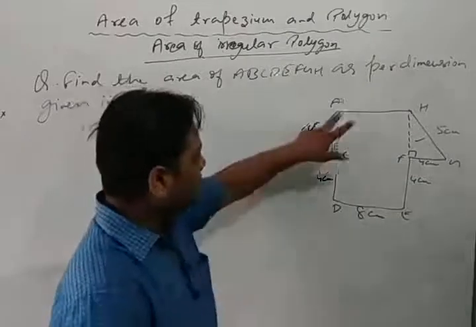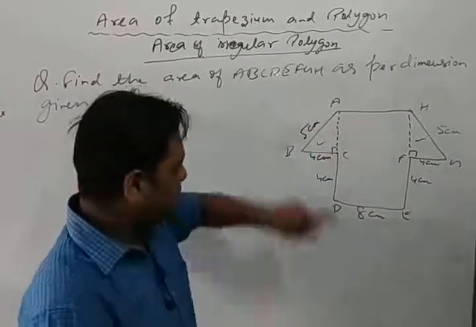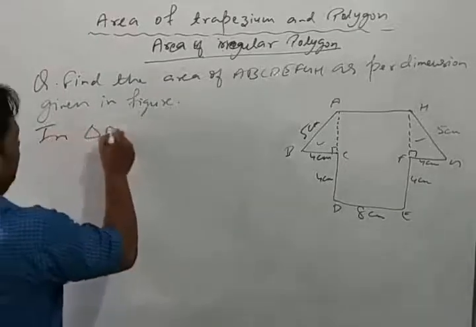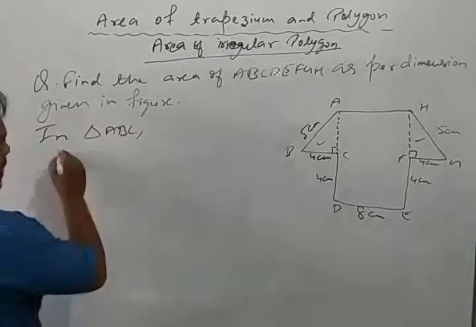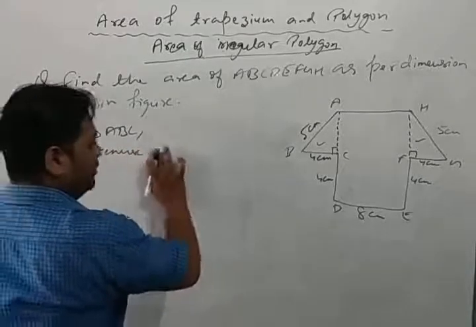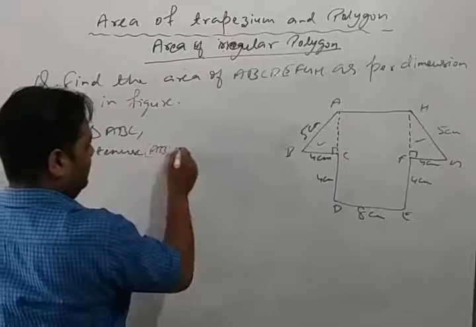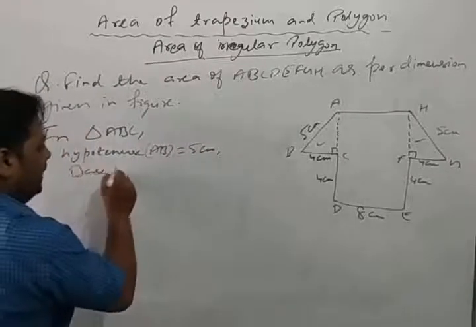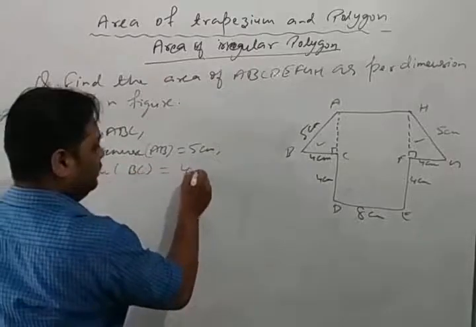But triangle ABC is a right angle triangle, and here AB is the hypotenuse. So we can say that in triangle ABC, hypotenuse AB equals 5 centimeter and base BC equals 4 centimeter.